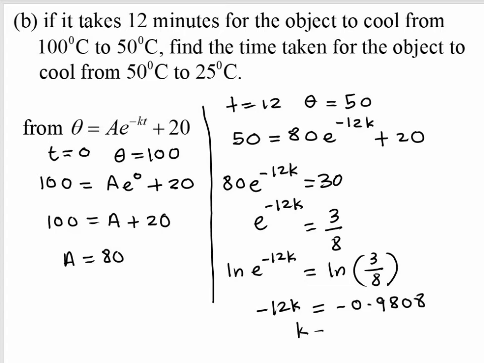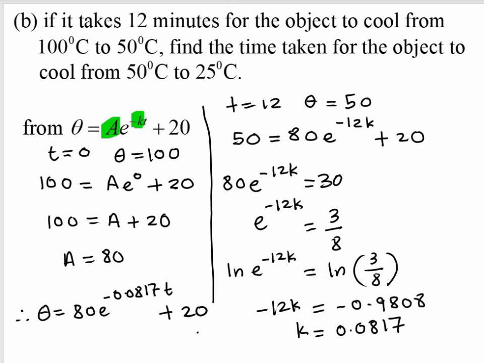So the value of k equals 0.0817. And let's resubstitute our k and our A now. So now we have theta equals 80 e to the power of negative 0.0817 t plus 20.